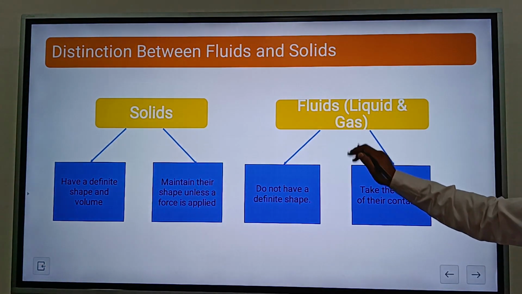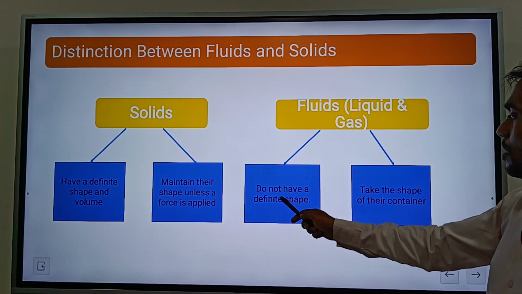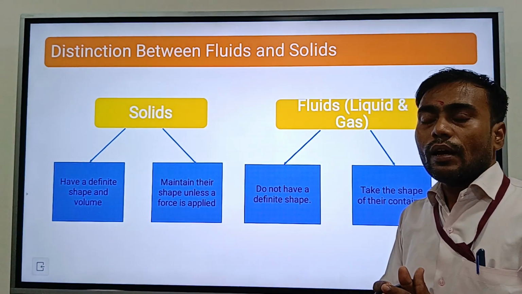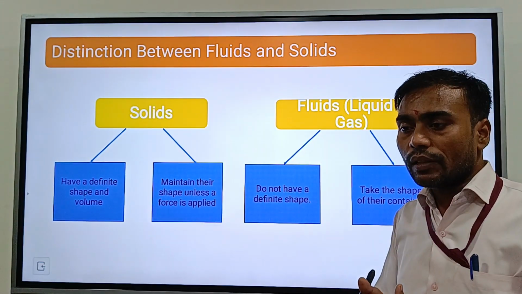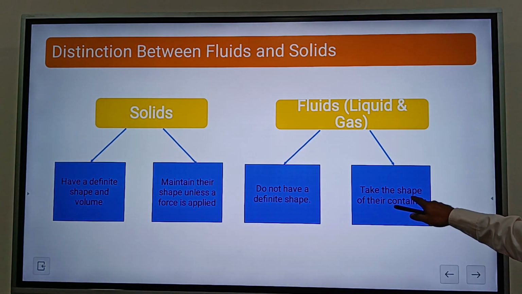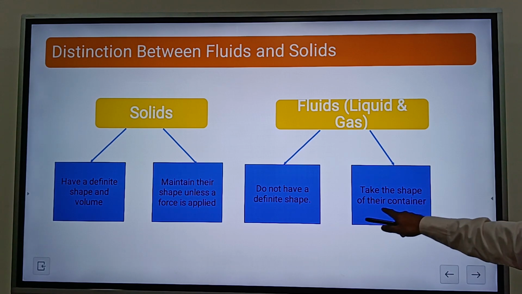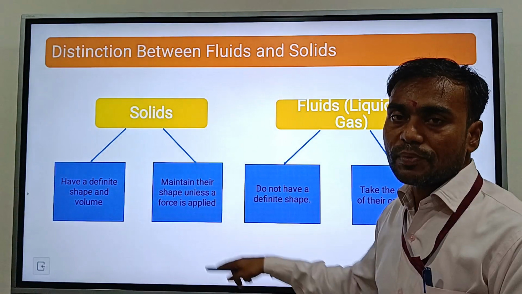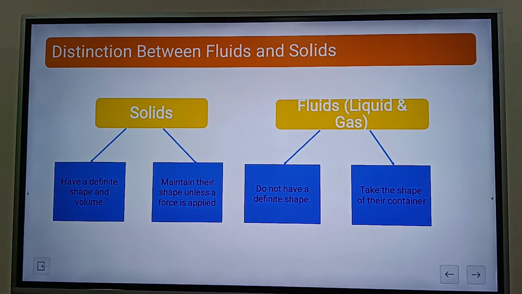Whereas fluids do not have a definite shape. They can change their shape depending on the container. The fluids take the shape of their container. So these are the basic differences between solids and fluids.